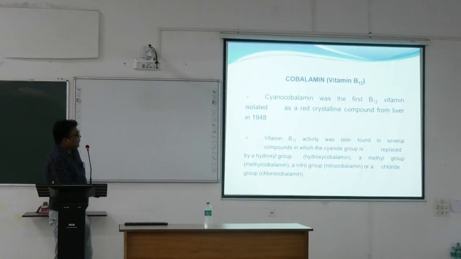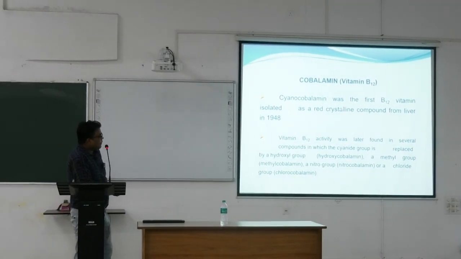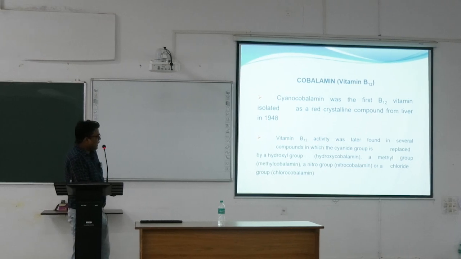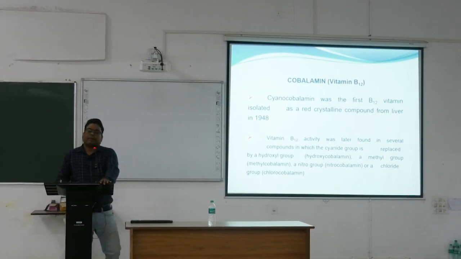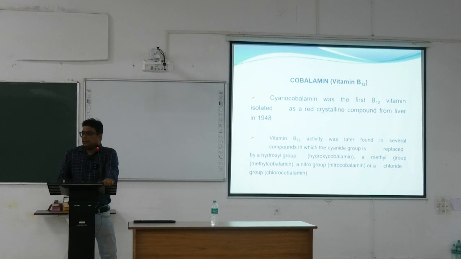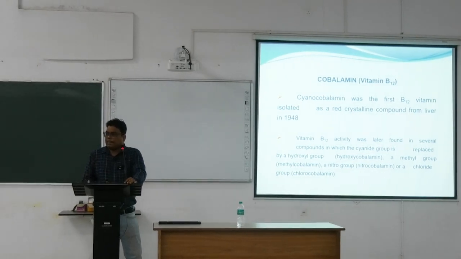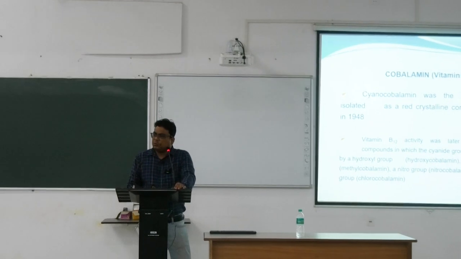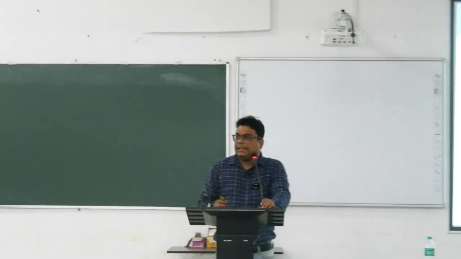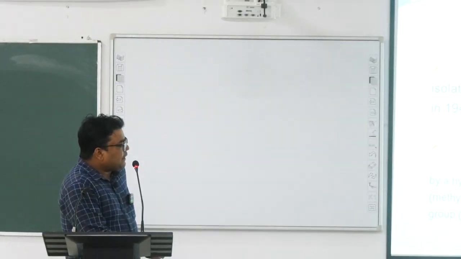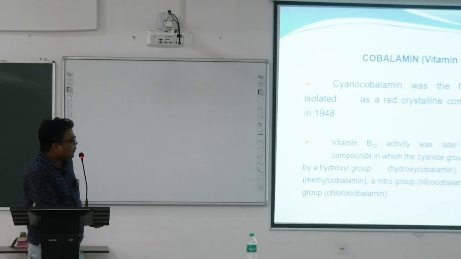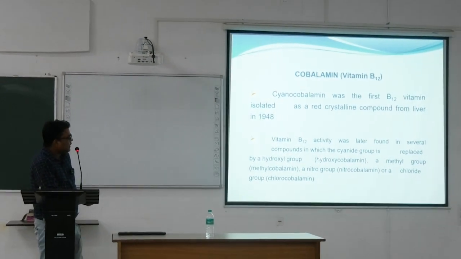Cyanocobalamin is the first vitamin B12, isolated as a red crystalline compound from liver in 1948. This is a specific vitamin which is present in non-vegetarian sources. If a person is totally vegetarian and does not even eat egg, it is confirmed that the person has a deficiency of vitamin B12. Vitamin B12 activity was later found in several compounds in which the cyanide group is replaced by a hydroxyl group. So all these are the structures.